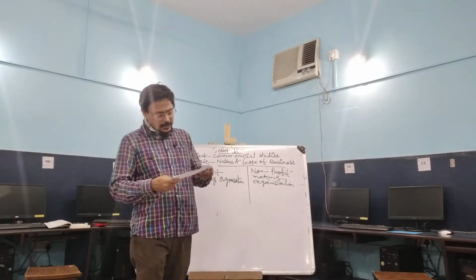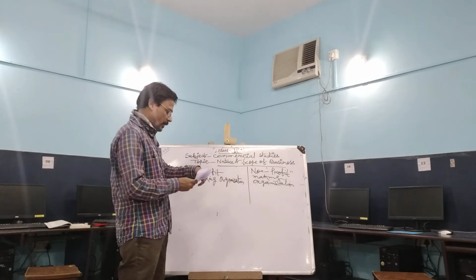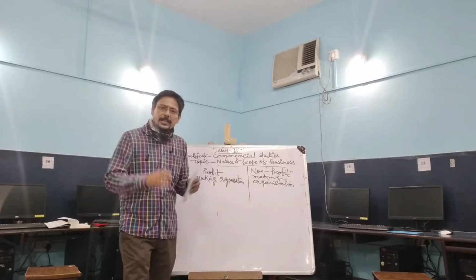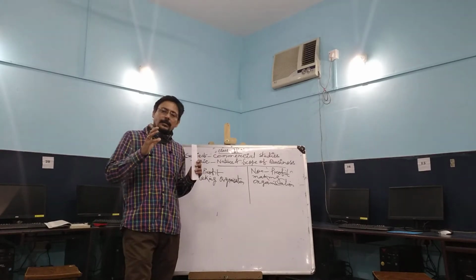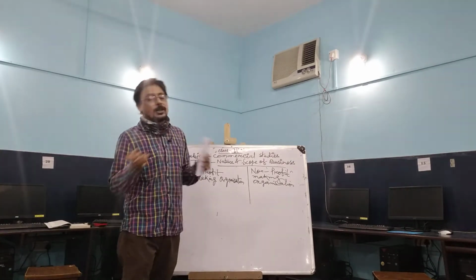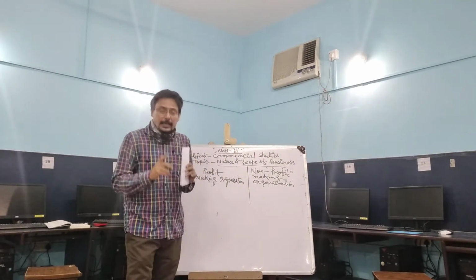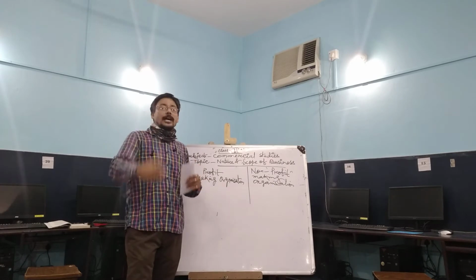Next, there is operation. Profit-making organizations have the impact of profit and loss. They are always thinking that business must be done either on profit or in loss. So they are always thinking that profit must be earned to survive in business for a long time.